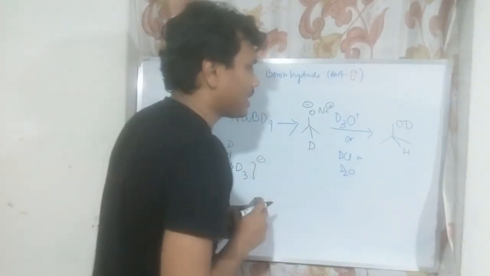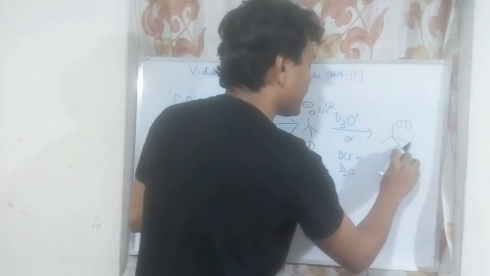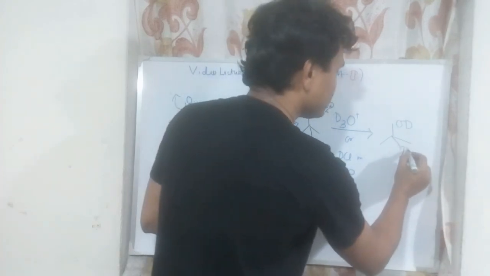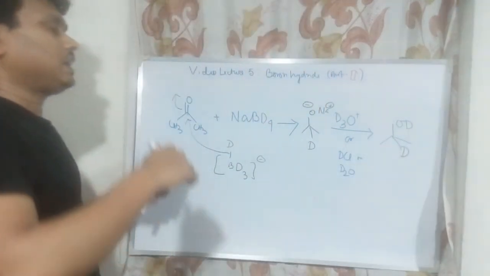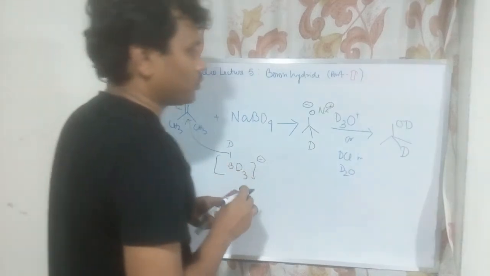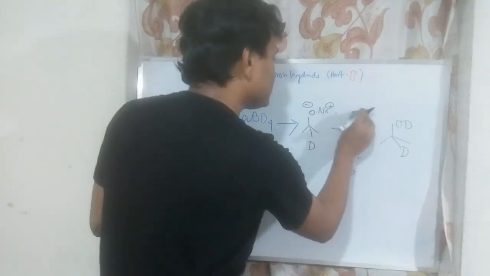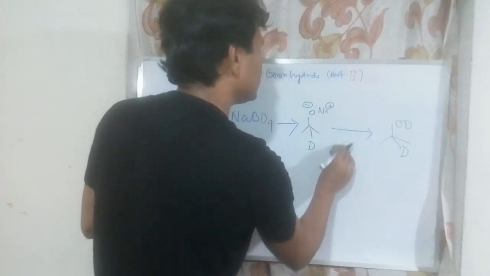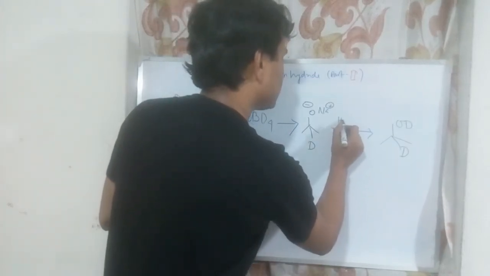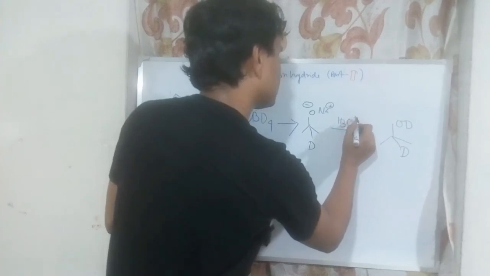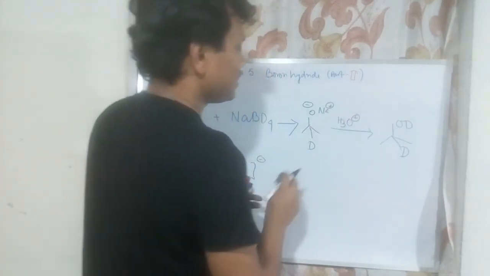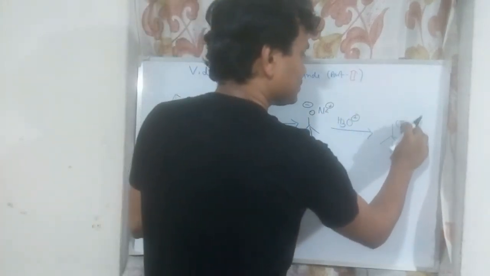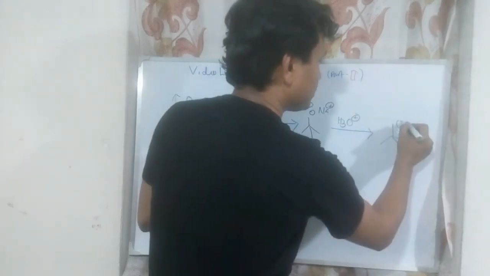Here D, and ultimately that product also contains D. Let's vary the question a little bit more. Instead of D3O plus, let's take H3O plus. Then here will be D, here will be H.